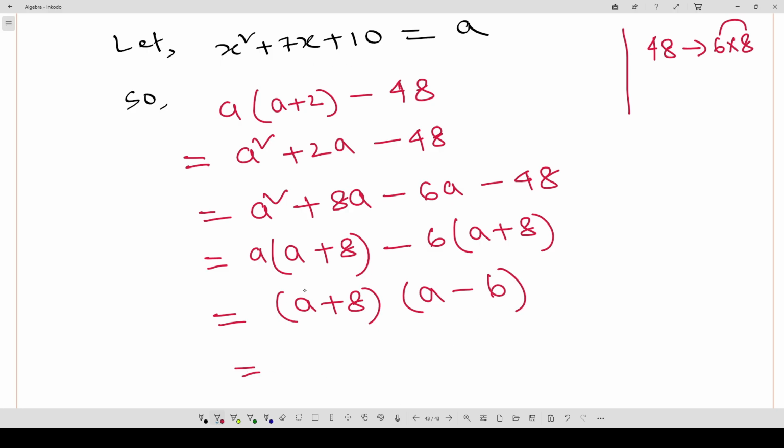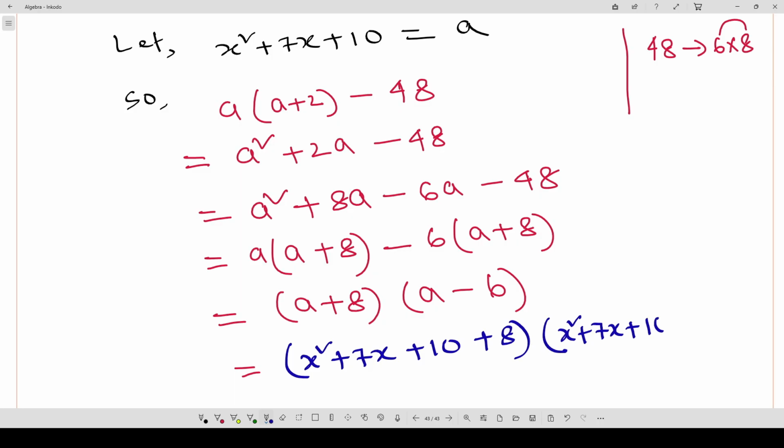We know a means what? x square plus 7x plus 10, and here plus 8. Same thing, x square plus 7x plus 10 minus 6.